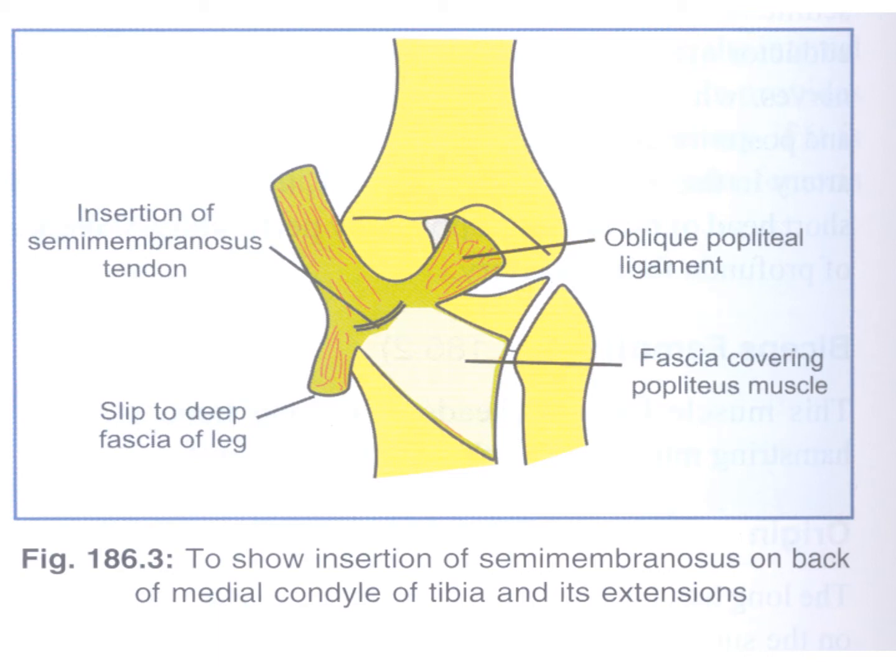So these are the insertions of the semimembranosus muscle. It divides into three types of insertion: the tendon into the medial condyle of the tibia, the oblique popliteal ligament, and the fascia covering the popliteus muscle and the fascia of the leg. So these are the modifications of the insertion of semimembranosus.